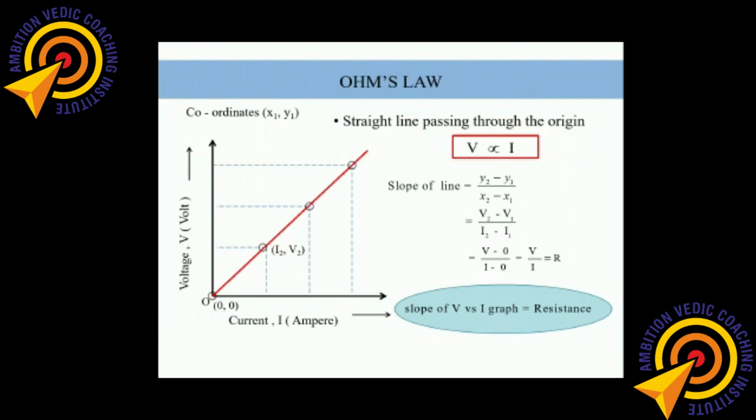Again, I'll repeat. This is a graph between potential difference and current. Because V is directly proportional to I, if V increases, I should increase, and if I increases, V should increase. If V decreases, I also decreases.